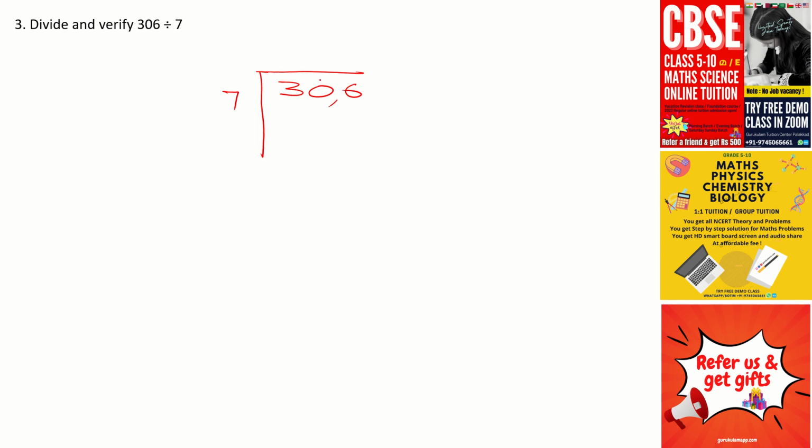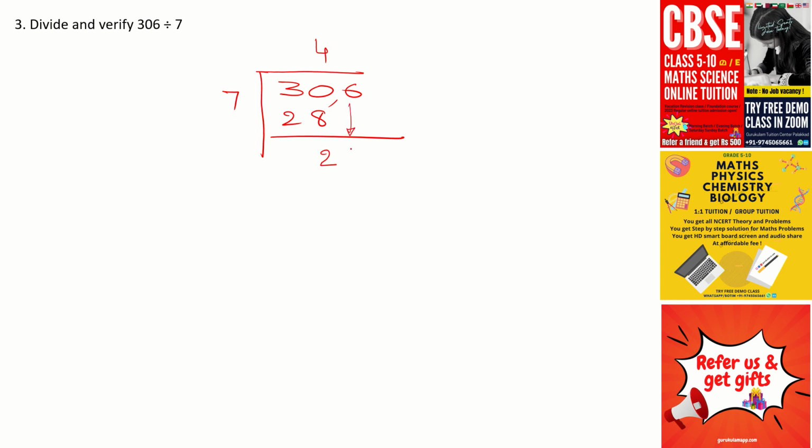So we know what here, which is the number closest to the 30 multiplied with 7. So 7 fours are 28, right? So 30 minus 28 is going to be 2 here, and 2 is much smaller than 7, so you cannot divide here.